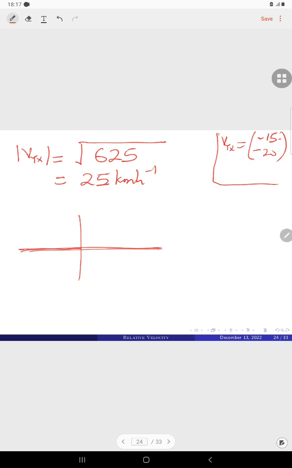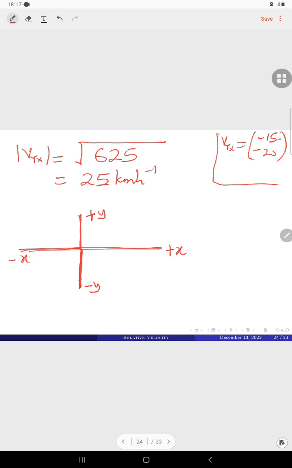The -20 is the y component, and this is the negative zone. According to the Cartesian plane, we know this is positive y, negative y, positive x, negative x. I hope you remember this.